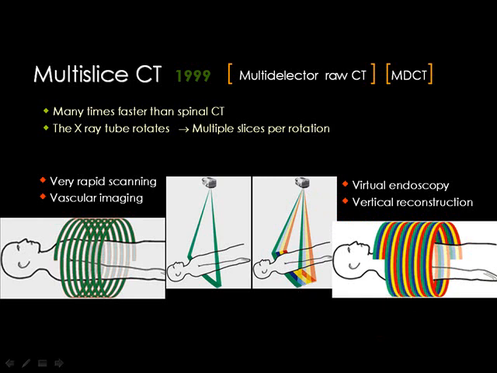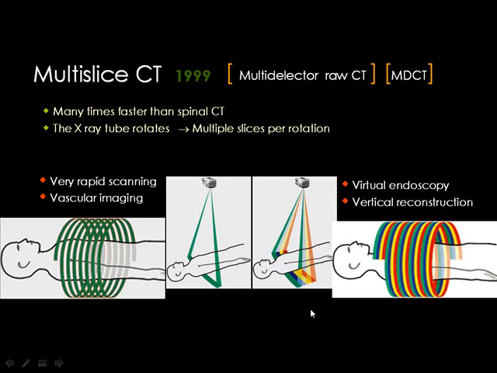Then with every tube rotation, you get 4 sections. Then if you do the CT scan of the chest by the spiral CT in 12 minutes, you will have only 3 minutes to perform a CT scan of the chest using a 4-detector CT.